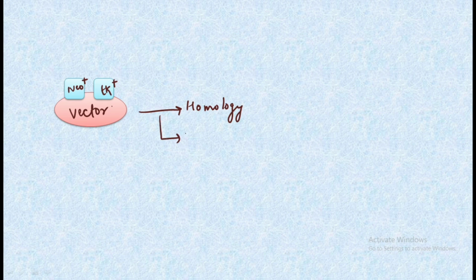So talking about the selection, consider we have this vector, and on this vector we have both the neomycin positive and the TK positive genes. So now first of all, we would be having either the homologous integration or the random integration. In case of homologous integration, the product was neomycin positive and the TK was absent.